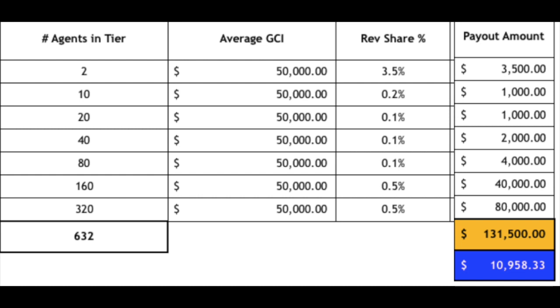Then in the Rev Share percentage column, this represents the expansion share. Obviously this example is just with an agent attracting 2 agents, turning into a team of 632. You can see the annual income, 131,500, and a monthly income that turns into just under $11,000.